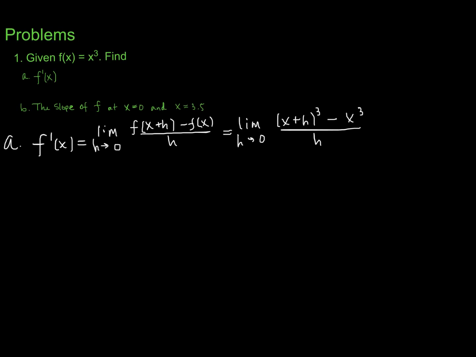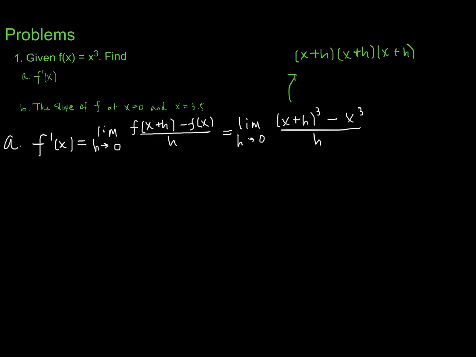Okay? And at this point, you're going to have to cube this out. So just a reminder, pull this off to the side for a second. We have x plus h times x plus h times x plus h.